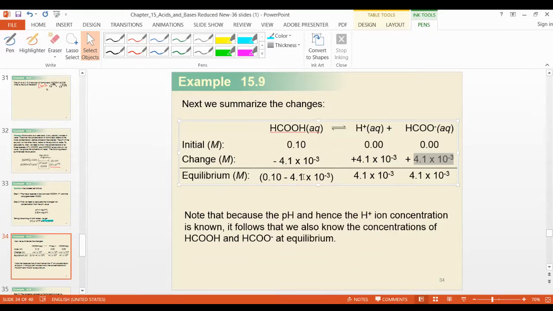At equilibrium it is 0.1 minus this, not minus x, because here the pH is giving the concentration of the solution. So it means that 4.1 times 10⁻³ is reduced from the initial concentration, and the same amount is added to H plus and to HCO minus.